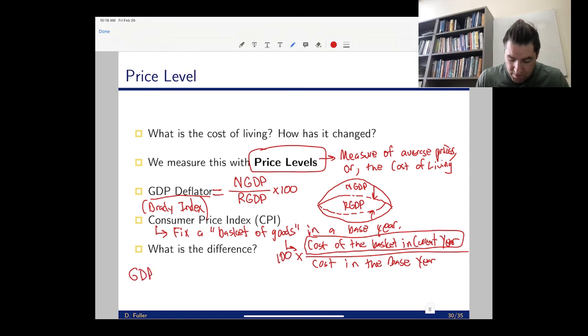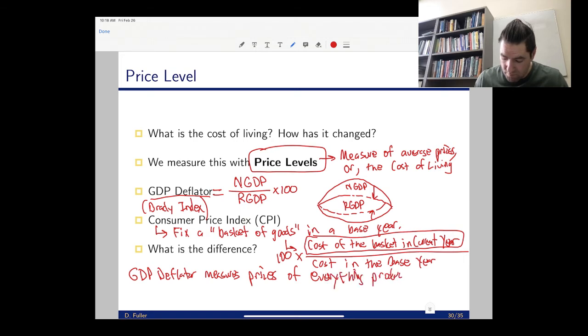The GDP deflator measures prices of everything produced. Literally everything in our economy that's produced shows up in the GDP deflator.